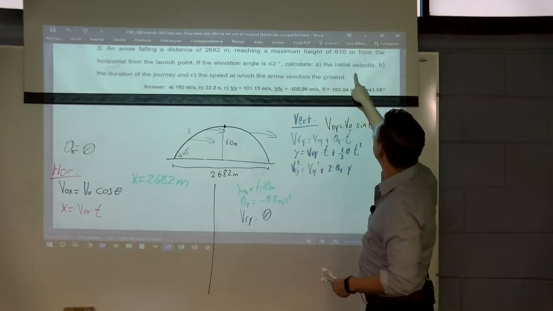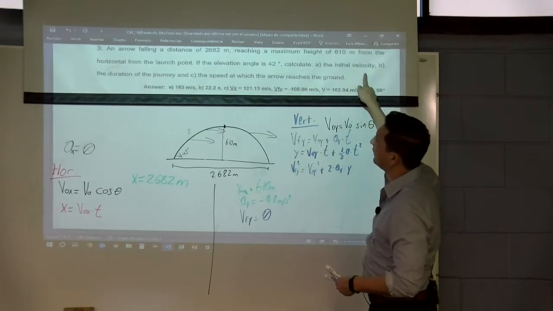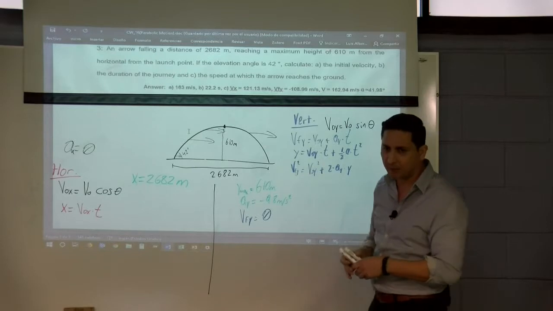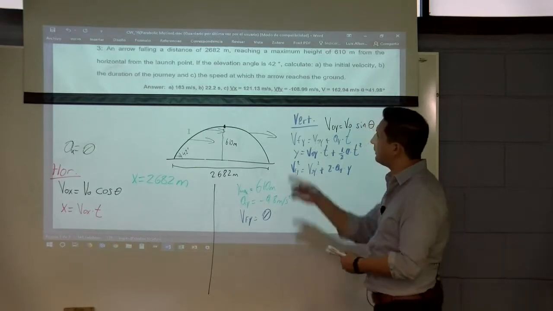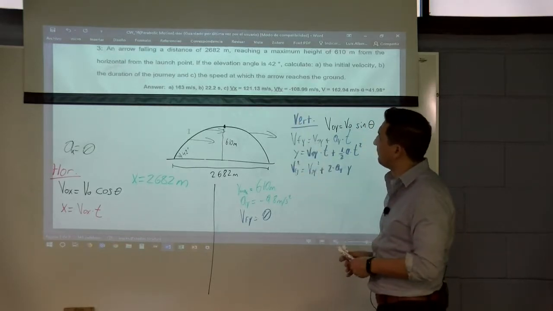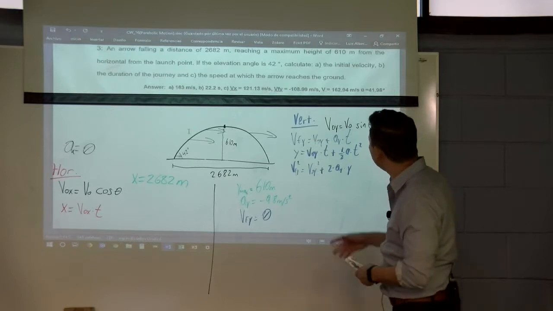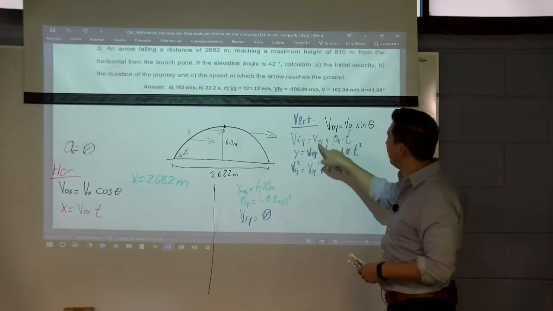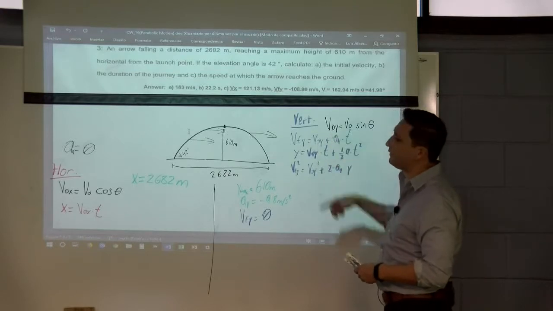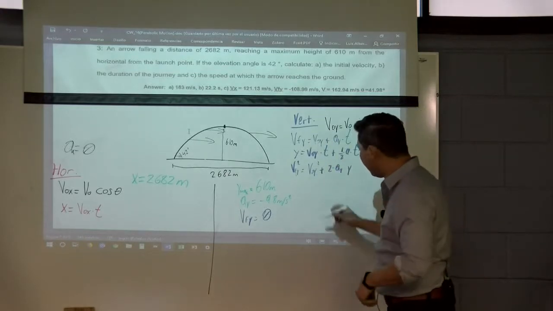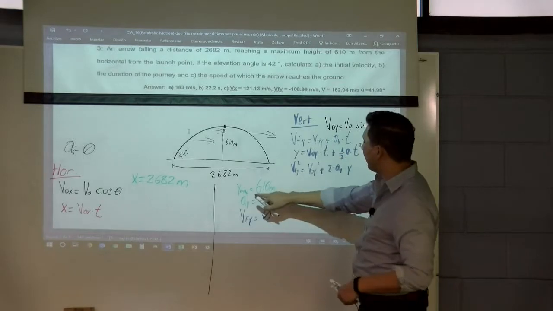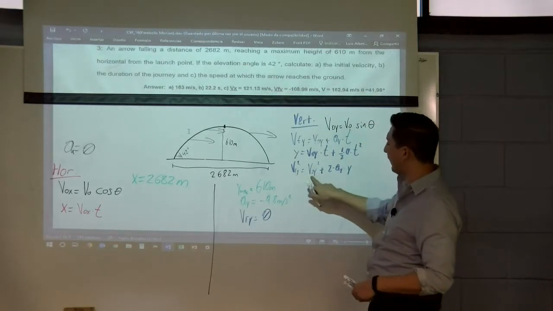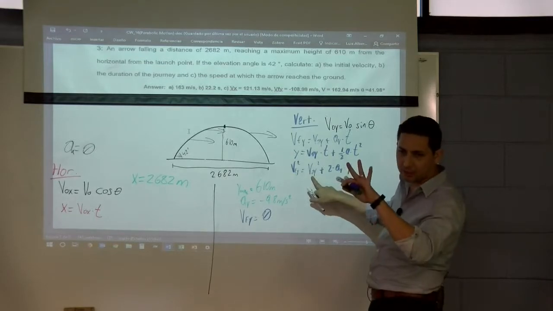What do we want? Well, the first question is the initial velocity, right? But we cannot get the initial velocity right now. I will tell you how in a minute. The duration of the journey, the time. To get the time, I need the VOY. So the first thing to get is the VOY. If I have the y, the AY, and the VFY, I can get it from the third kinematic equation.